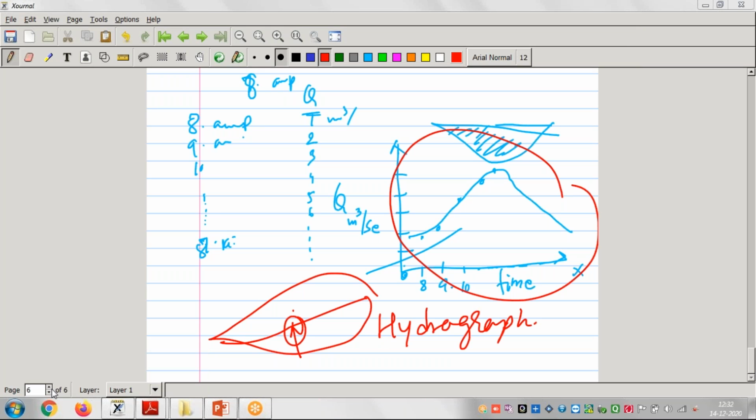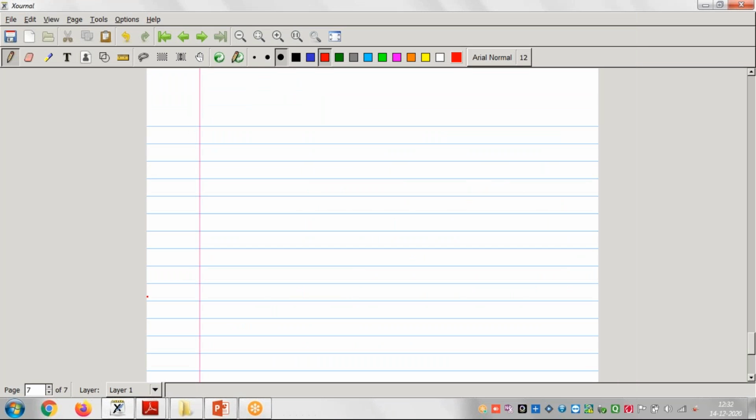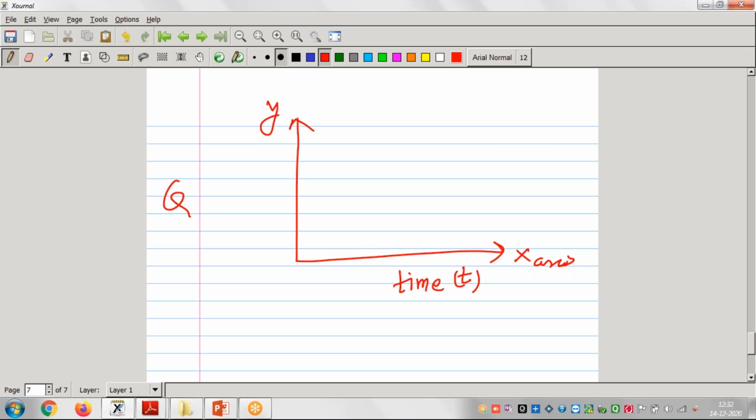Hydrograph is just a graph of time versus Q. On the x-axis we take the time t, that may be in hours or in days, and on the y-axis we take the discharge, that is Q in meter cube per second.